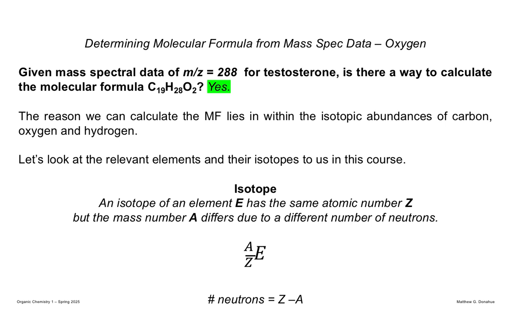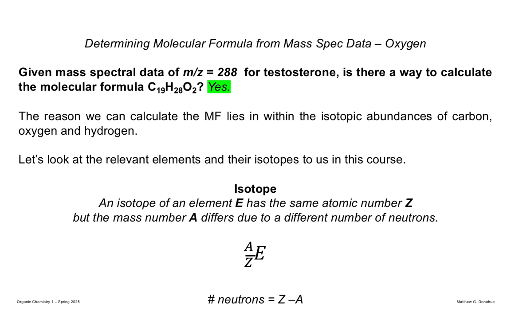Just to recap, an isotope is an element, abbreviated E, that has the same atomic number, Z. Again, that's where it occurs in the periodic table. But the mass number A differs by the number of neutrons, so the number of neutrons is A minus Z. And so that's the nomenclature.